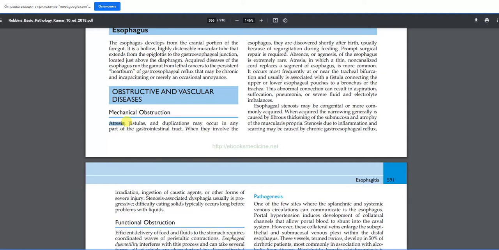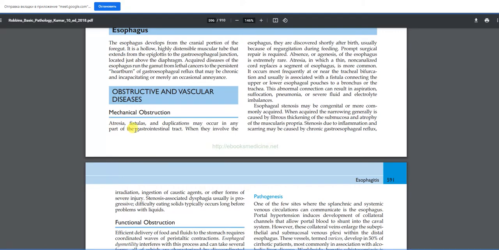You remember that when the oropharyngeal membrane is not ruptured, then ectoderm is not joined with endoderm within the oral portion. So it might lead to atresia.